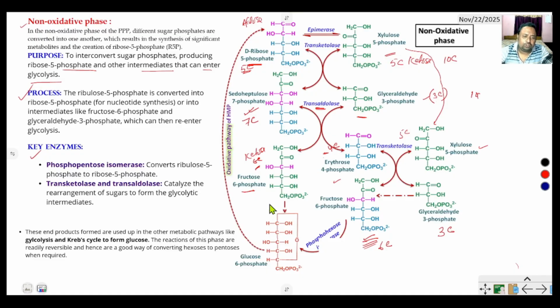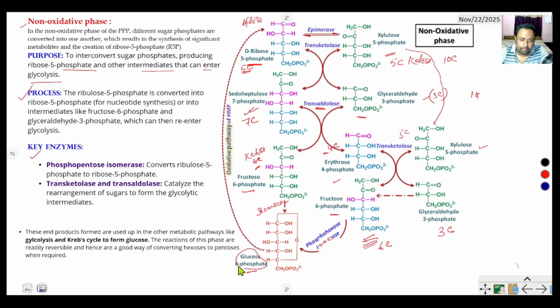This 6-carbon containing fructose sugar in the presence of isomerase enzyme produces the aldose sugar glucose 6-phosphate. The fructose 6-phosphate, in the presence of phosphohexose isomerase enzyme, produces glucose 6-phosphate.